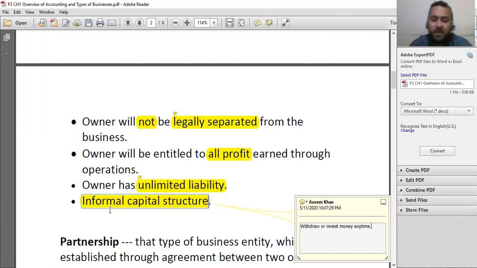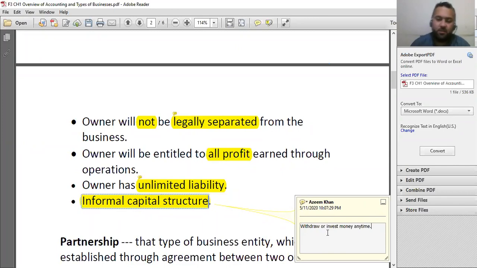If you look at a company, in a company you cannot do like that. For example, if you are investing in a company, you are the owner of the business and you are also operating in the management, and now you have taken a decision that you need money, so you sell the business assets and use the cash. The same applies in a partnership. In a partnership you cannot do like that.